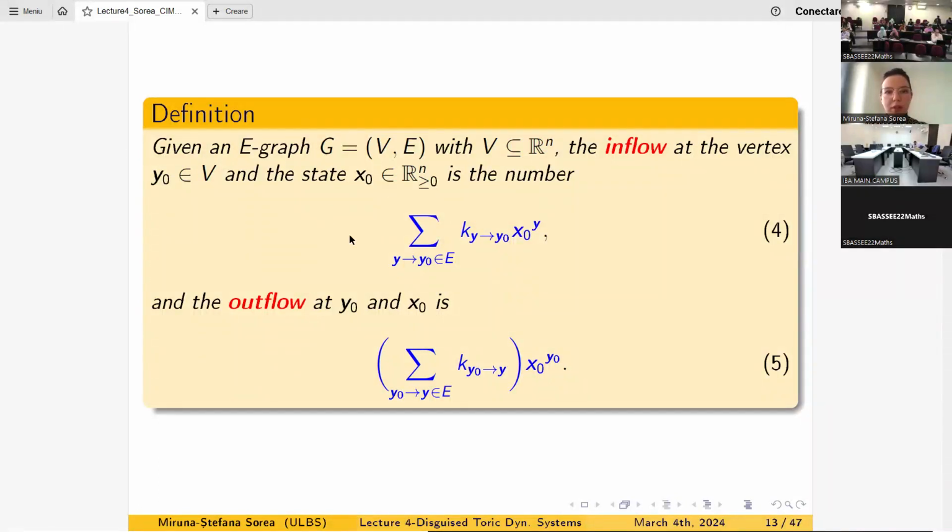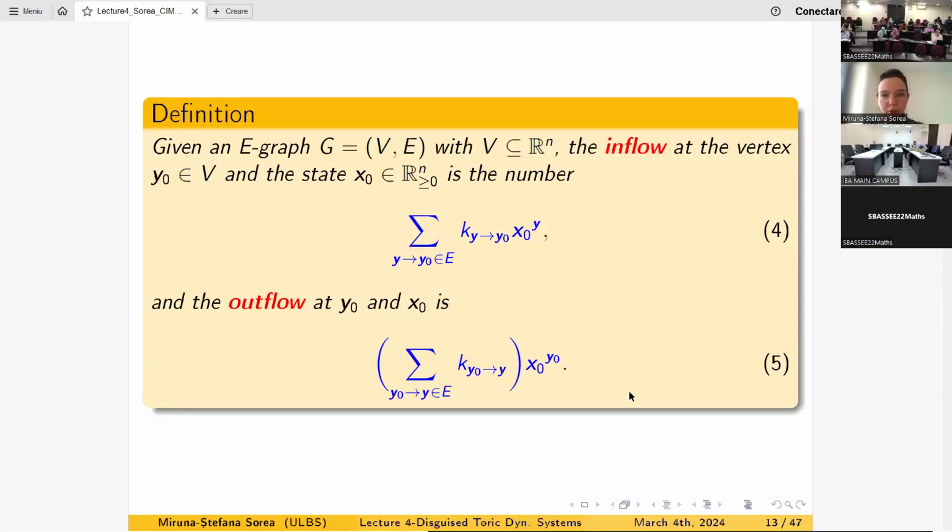So you have the vertex y0, you take all the edges from y towards y0, and the rate constants associated with them, multiplied by the monomial starting from the source of that reaction. And similarly, the outflow is just what we saw last time.